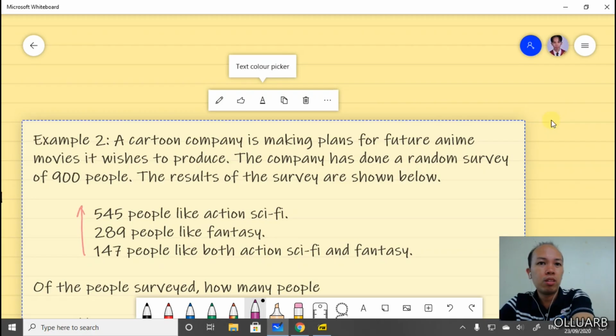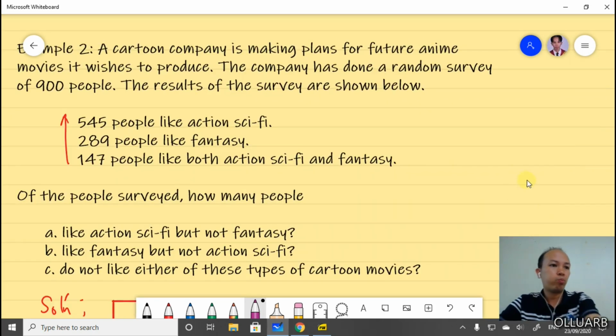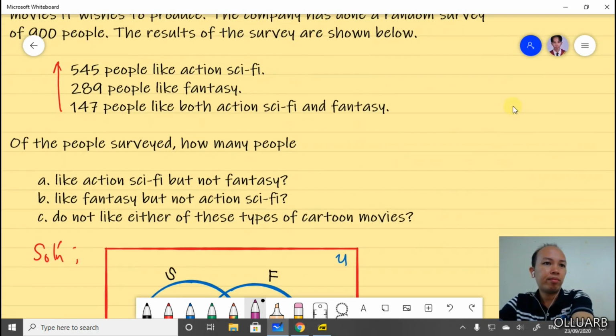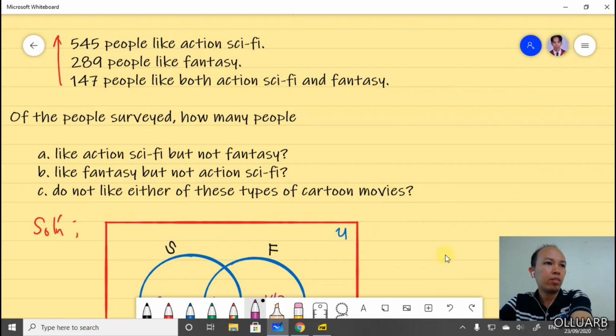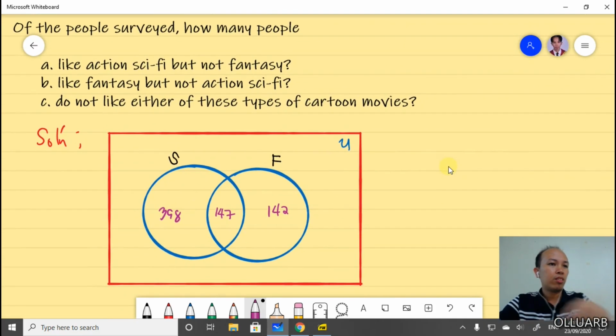So let's use that one. 900 minus 398 minus 147 minus 142.